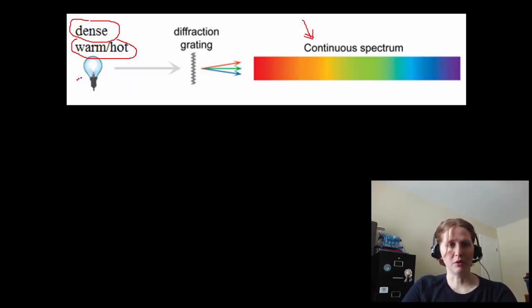An incandescent light bulb, we have one right here in this figure. The incandescent light bulb glows because that tiny little metal filament is dense, and it gets hot when you pass electricity through it, and that makes it glow. So if you had a diffraction grating, which I usually pass out in my seated classes, and they can look through them, you can see a full rainbow.